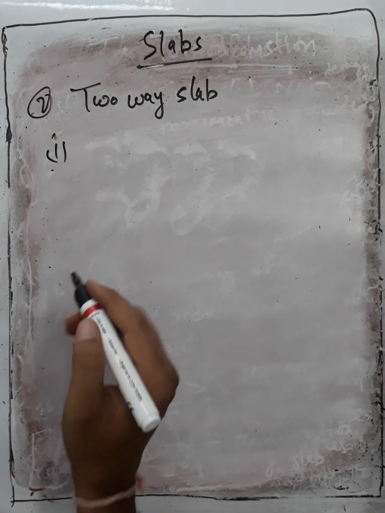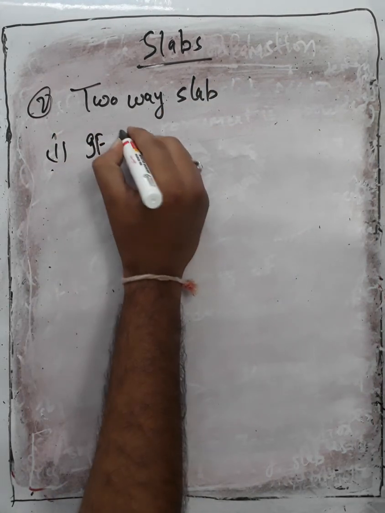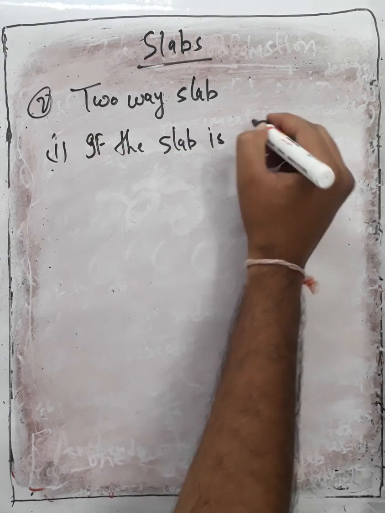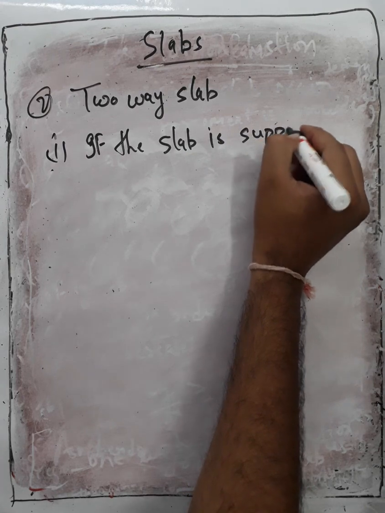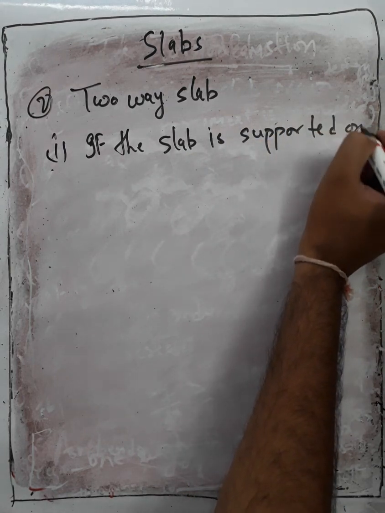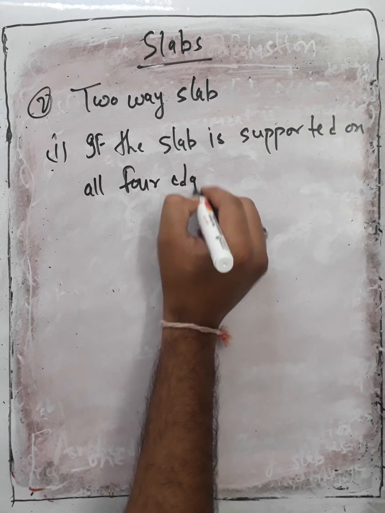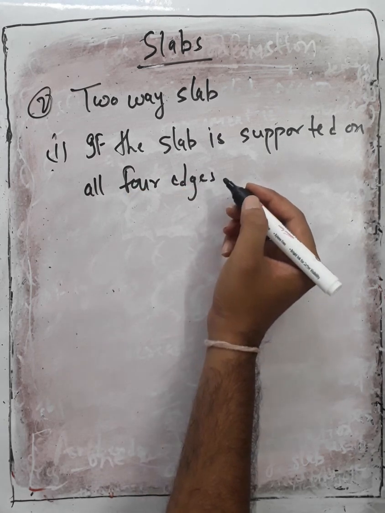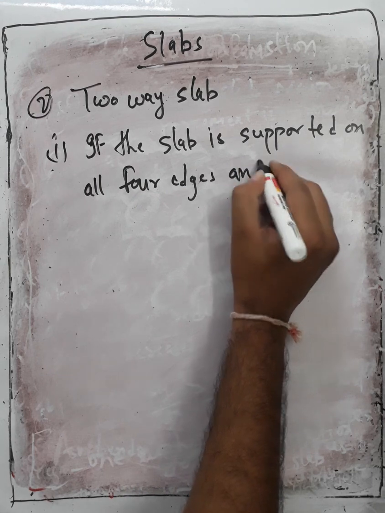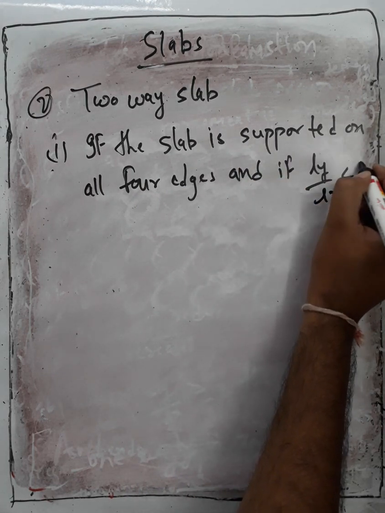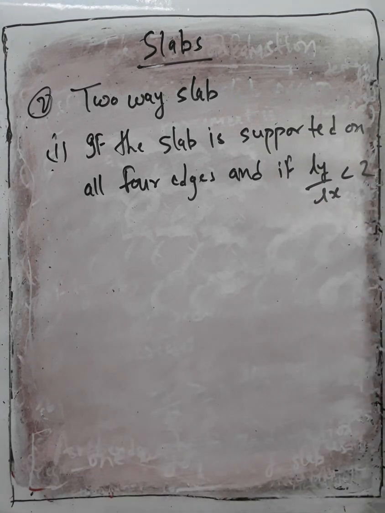First point: if the slab is supported on all four edges and the Ly by Lx ratio is less than 2.